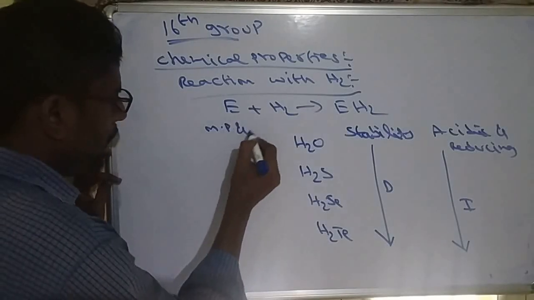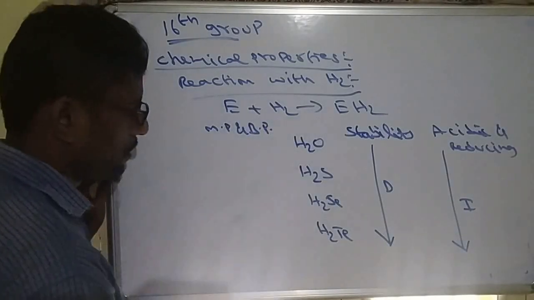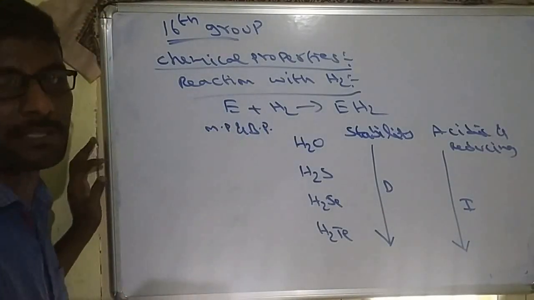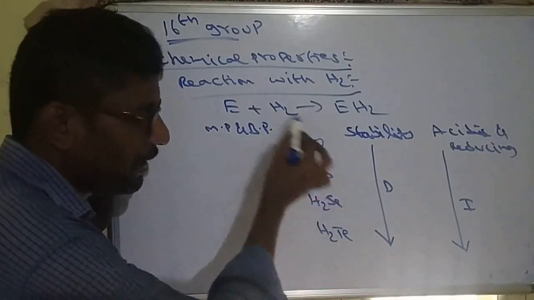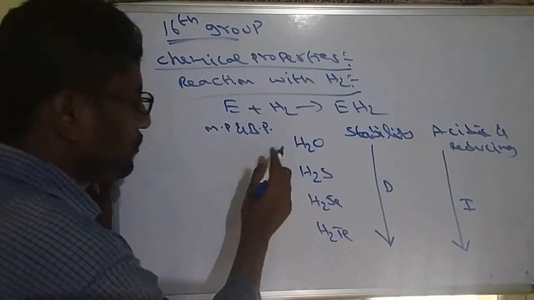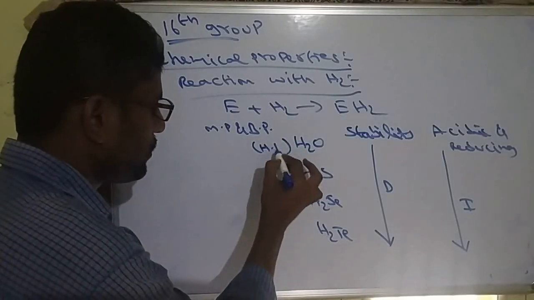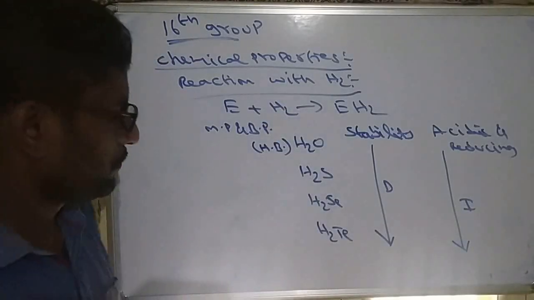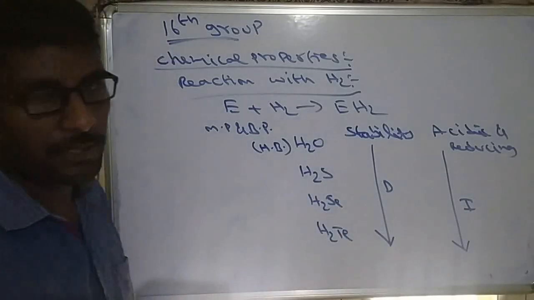Melting point and boiling point increase from top to bottom because of mass. The least expected is H2O, but H2O exhibits the highest value, due to the presence of hydrogen bonding in water. In the remaining, hydrogen bonding does not exist.